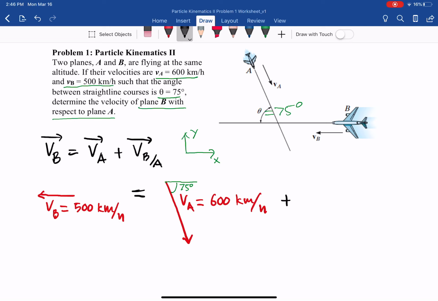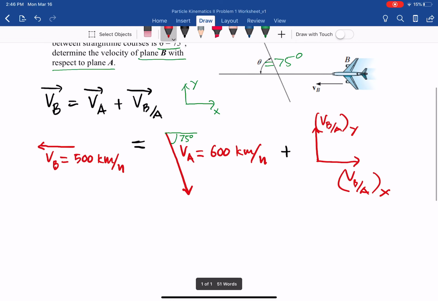Because it's a vector, you can put it as an x component and a y component, velocity of B relative to plane A, in x components, and similarly VB relative to A in y components.